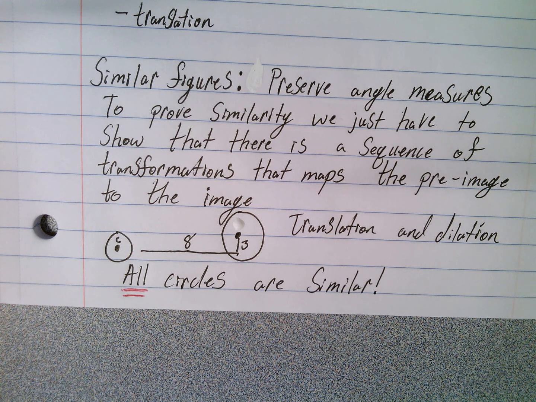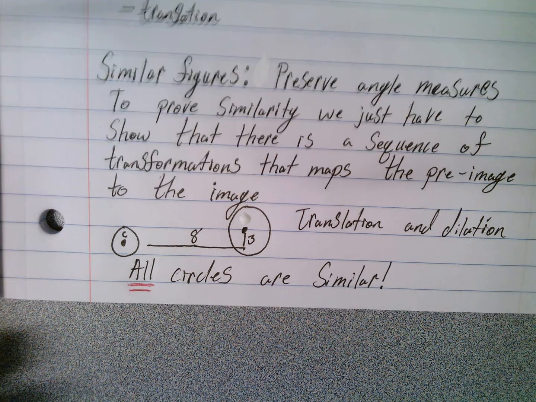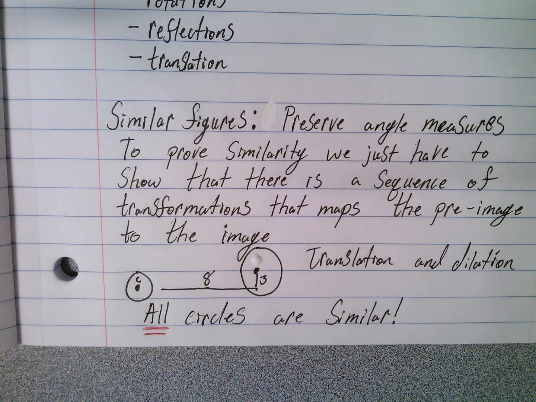Now we do have some things that we need to discuss when we're dealing with similarity itself, and let's start by looking at a little bit of a review. We'll keep relating this to congruence.